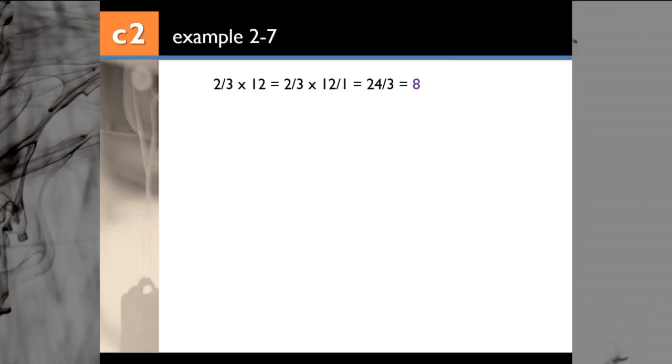You multiply the numerators together and get 24 as the new numerator, and multiply the denominators together, which is 3 and 1, and get 3 as the denominator. So now you have 24 over 3, which is 8. That means 2/3 of 1 dozen is 8 units.